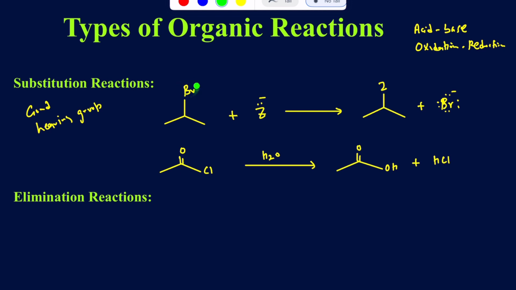That's because both the bromine and the chlorine are good leaving groups. The halogens, starting from chlorine, bromine, and iodine, are really good leaving groups. So you will be seeing a lot of those in substitution reactions. Those are not the only ones, but they are some of the ones that would show up a lot.